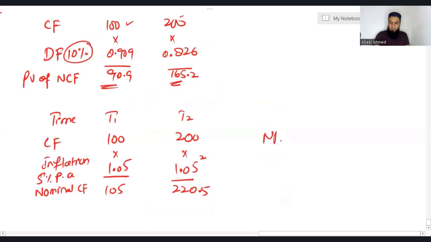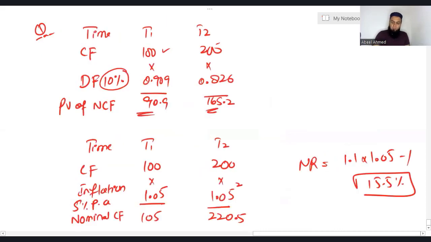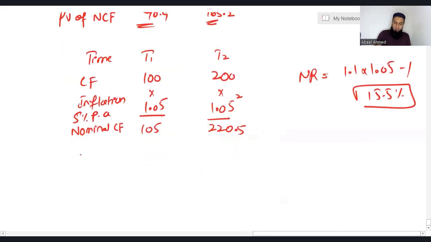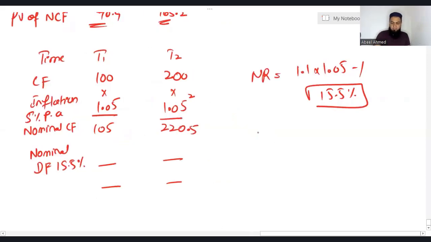The nominal rate will be 1.1 into 1.05 minus 1, which is 15.5%. So the nominal discount rate is 15.5%. Now we need to find the discount factor at 15.5%. Discount factor of T1, how will you calculate? 1 over 1.155.